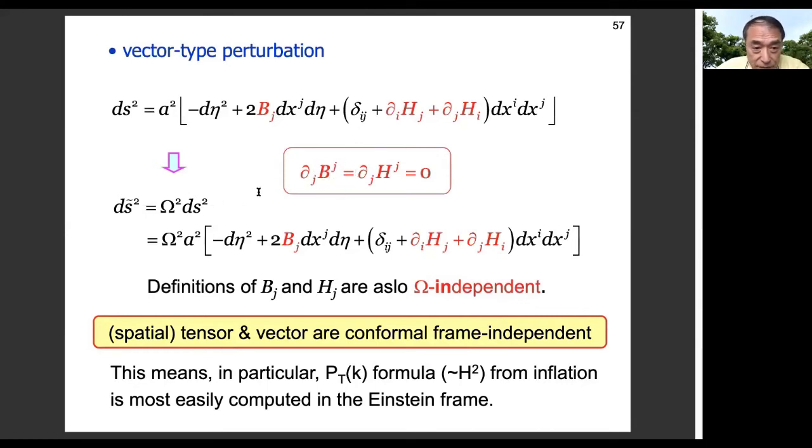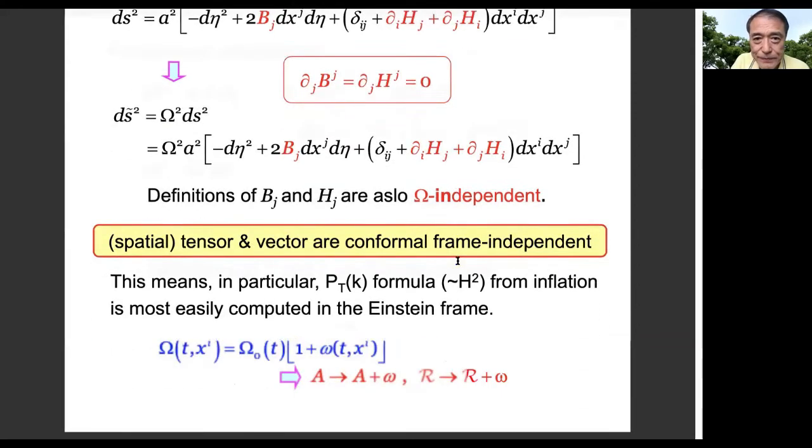Again, if you do the conformal transformation, this is conformal frame independent. So the tensor and vector perturbations are conformal frame independent, and you don't have to worry too much as long as tensors and vectors are concerned.